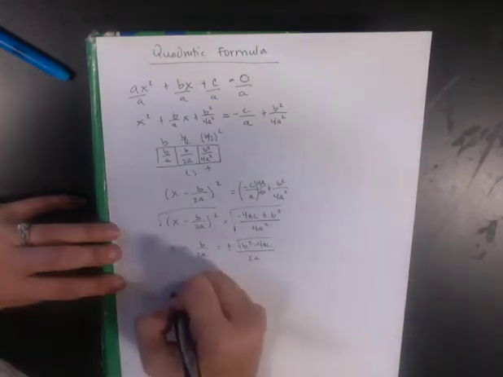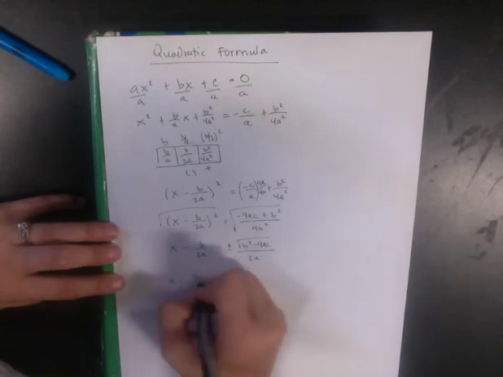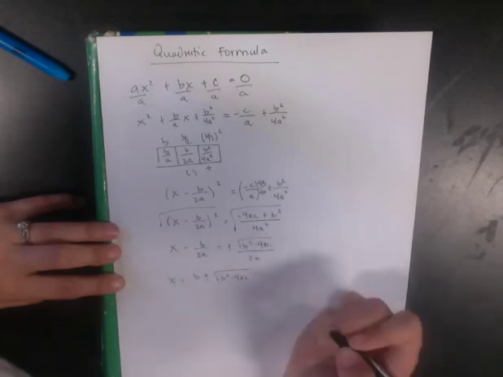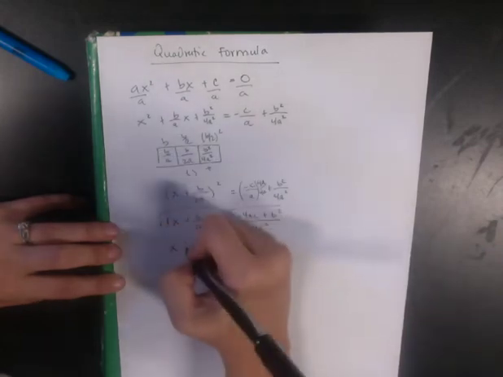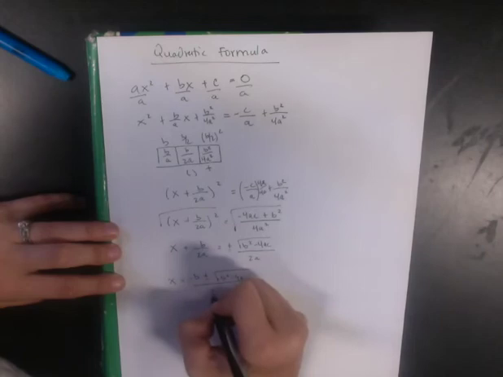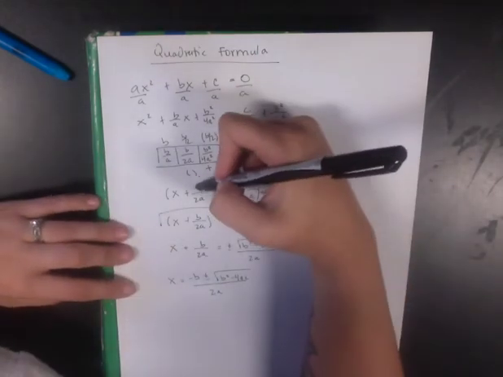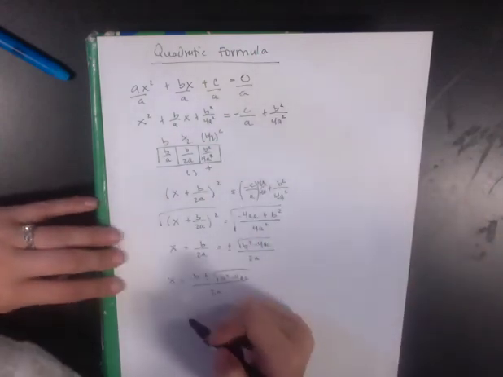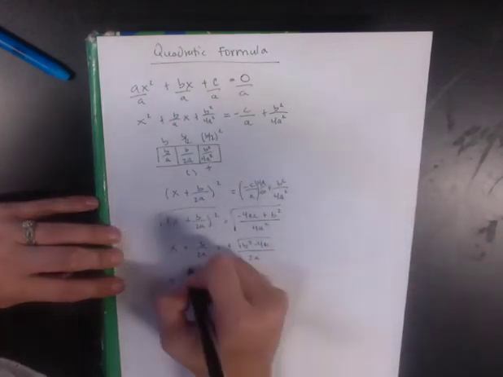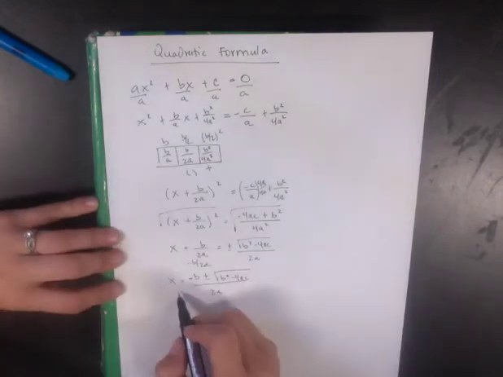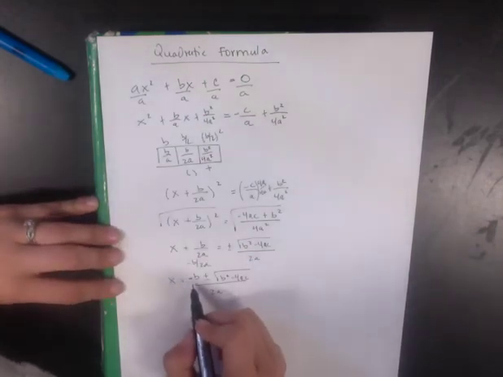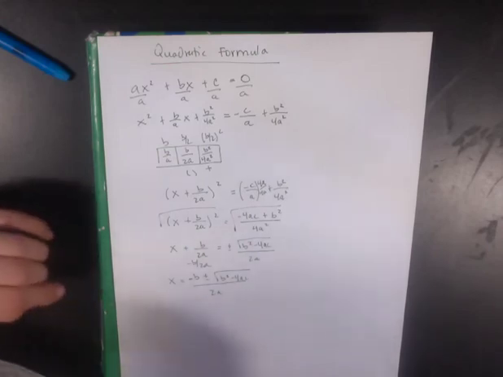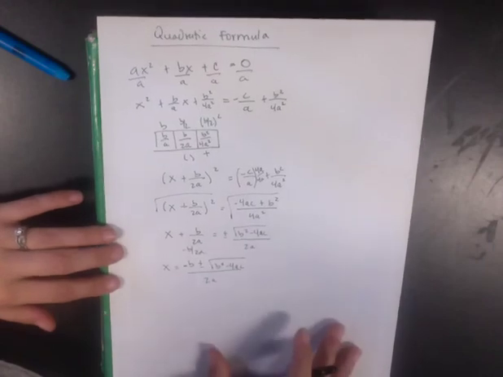I'm going to add this term over and I get x is b plus or minus the square root of b squared minus 4ac all over 2a. Notice I made a change. I accidentally put minus b over 2a. It should be plus. Made that a little anticlimactic, but nonetheless, if I subtract b over 2a over, now I have that x equals negative b plus or minus the square root of b squared minus 4ac all over 2a. You're welcome for singing that.